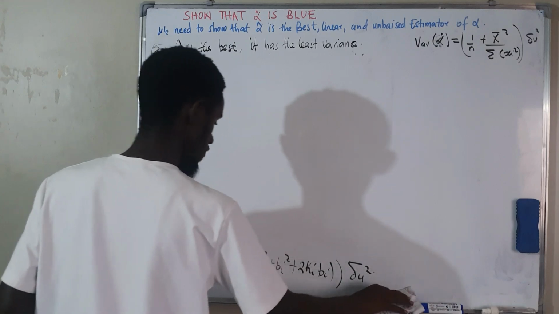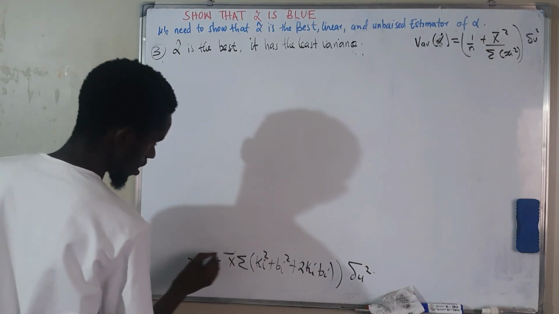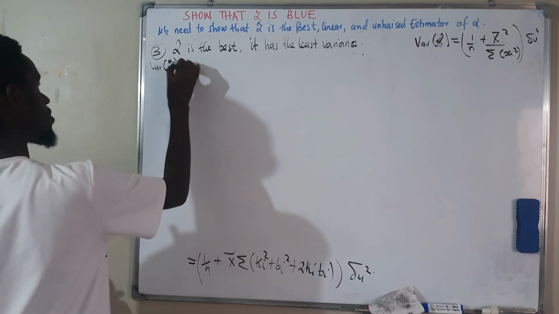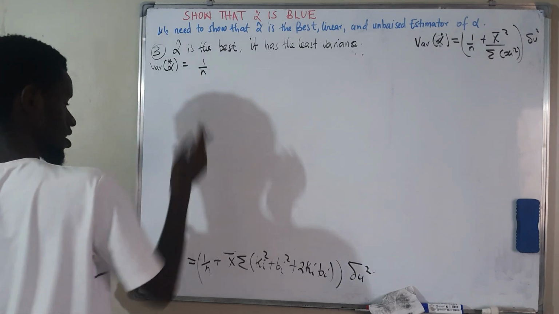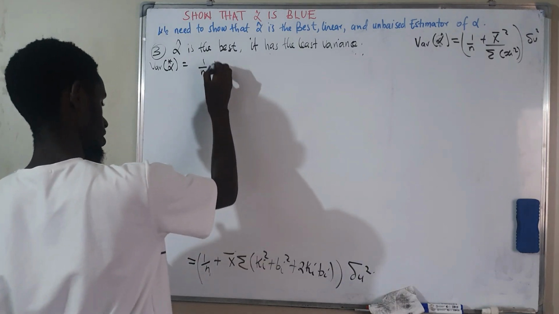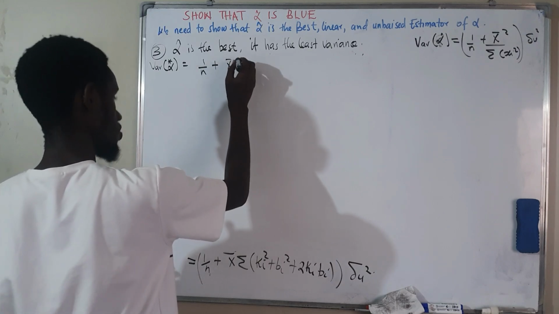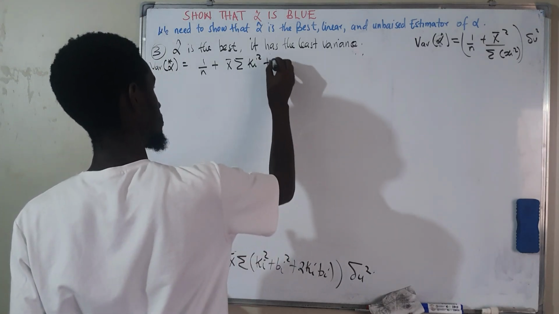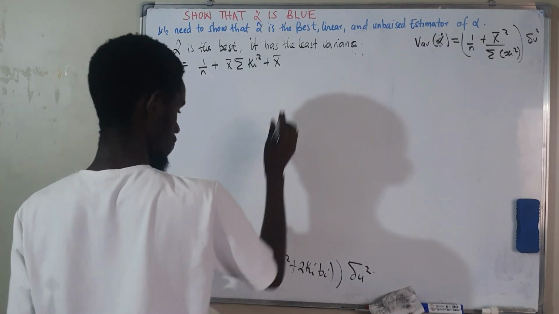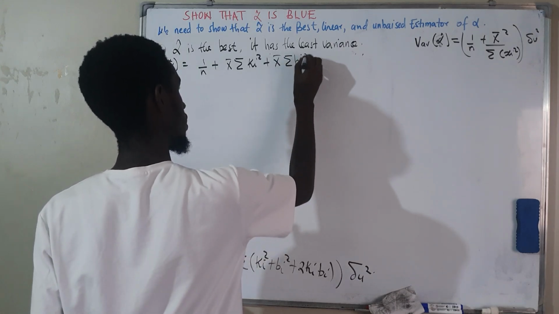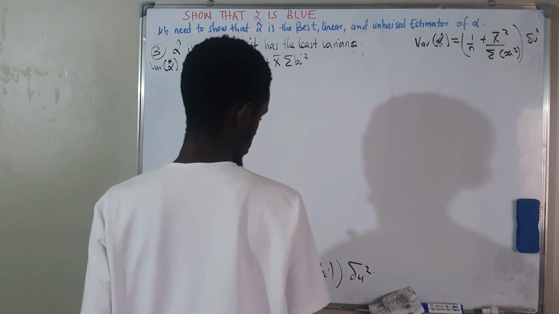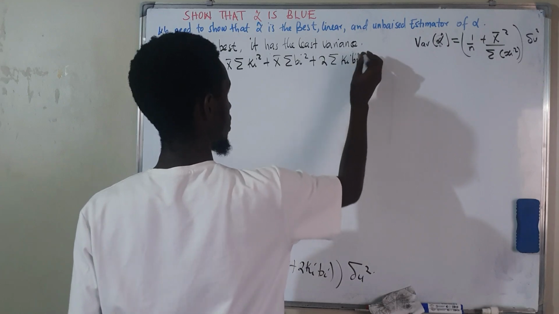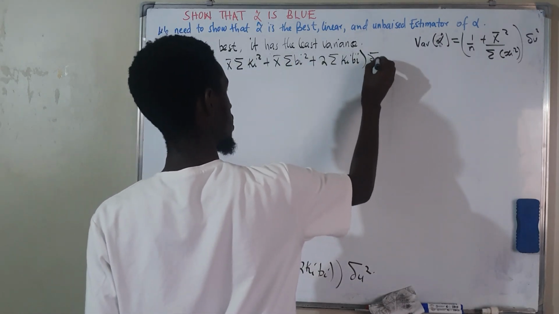Now if I open brackets and put a summation on everything, remember I was talking about the variance of alpha star, so it should be the same as 1 over n, plus x bar squared summation of ki squared, plus x bar squared summation of bi squared, plus 2 summation of ki bi, everything times sigma u squared.